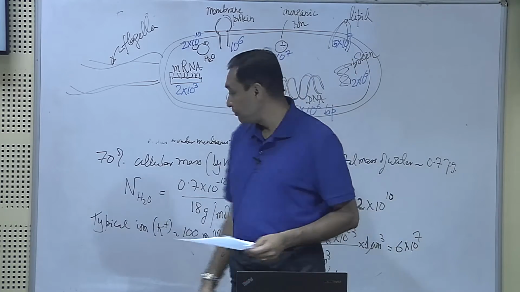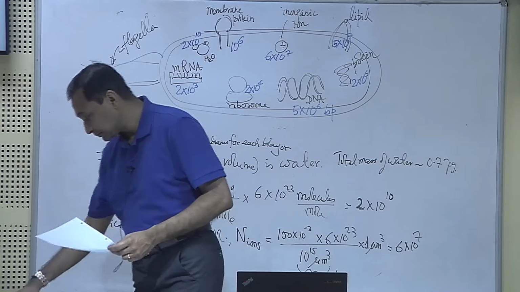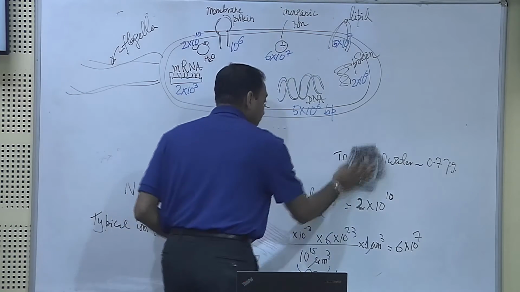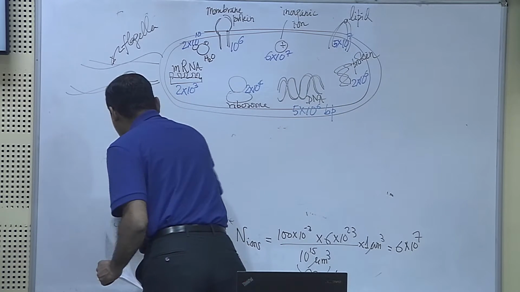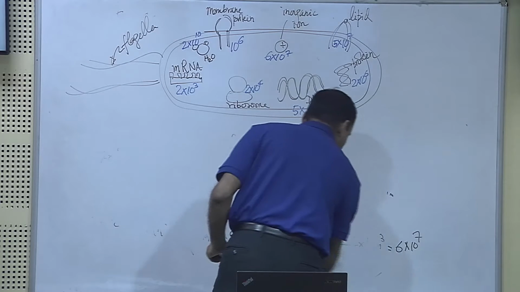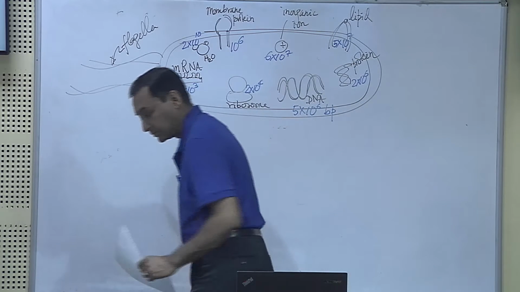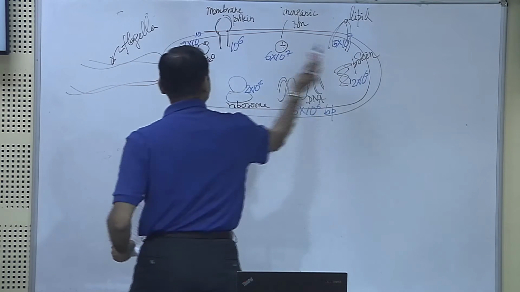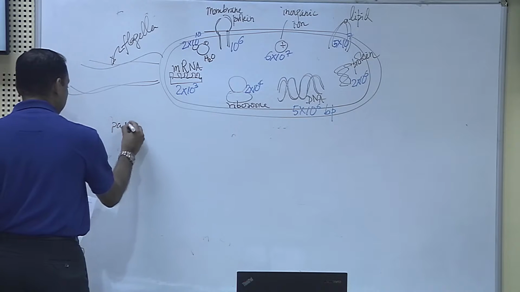So if we do some calculations, you will see a quite interesting fact. If I look at the passive diffusion process that is taking place in the cell, this is the diffusion of a protein molecule from one end of the cell to another.